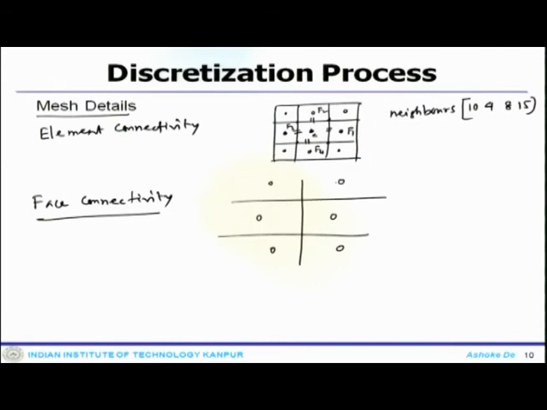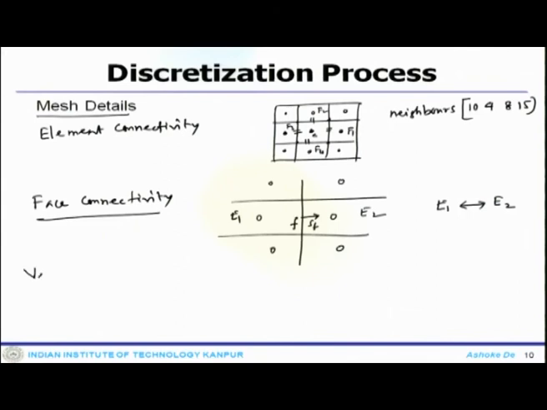So, this is E1, let us say, this is E2, then the neighbor of E1 is E2 and the connectivity is the face. The normal of this face goes like this. So, E1 and E2 are connected to each other, they are neighbors, and F is the corresponding face.